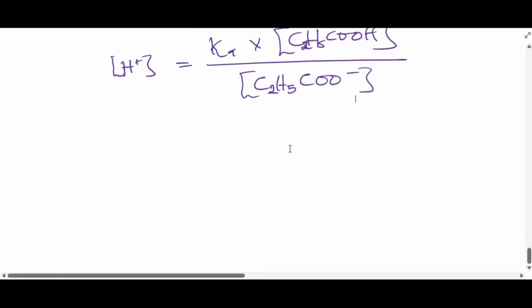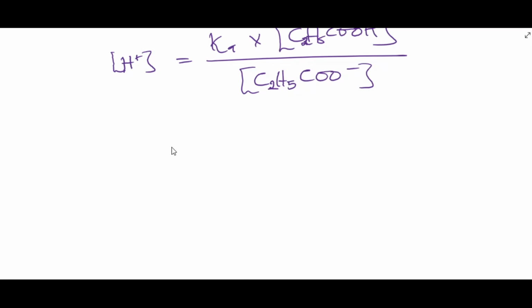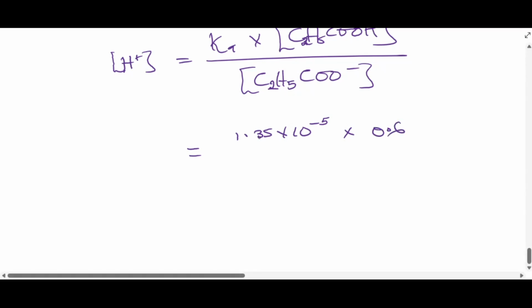The Ka is given already, which is 1.35 times 10 to the power of minus 5, multiplied by the concentration of the propanoic acid, which is 0.6, divided by the concentration of propanoate ion, which is 0.800.